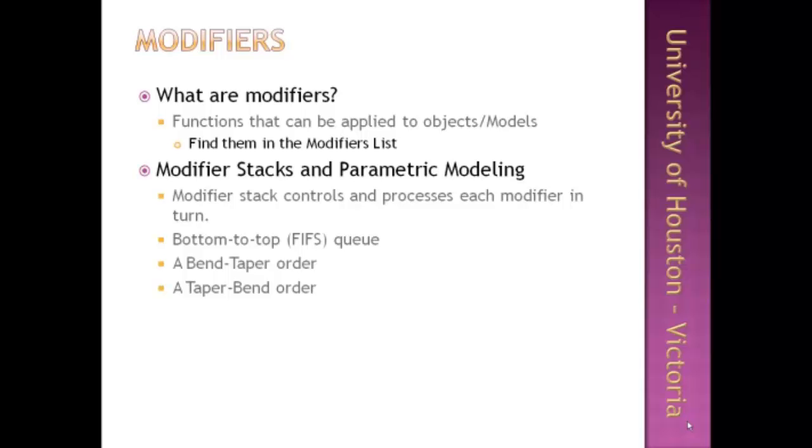When you add modifiers to your object, they will be added to the modifier stack, and you can apply multiple modifiers to an object. They will be placed on a modifier stack and applied to your object in order of operation from the bottom to the top.